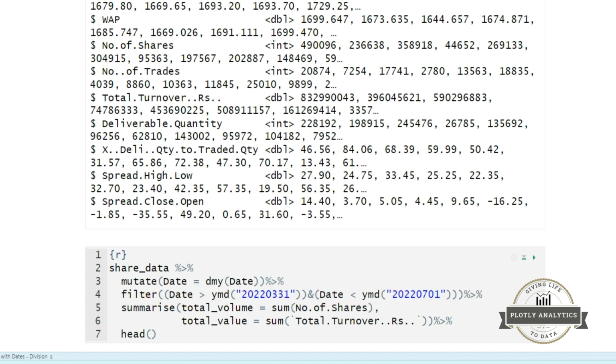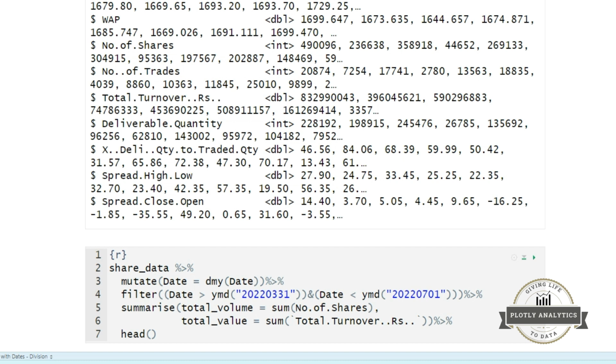So we have used the greater than comparison operator on 31st of March 2022 and less than comparison operator on 1st of July 2022. So all the dates which are in between 1st of April to 30th of June are filtered out using these comparison operators.